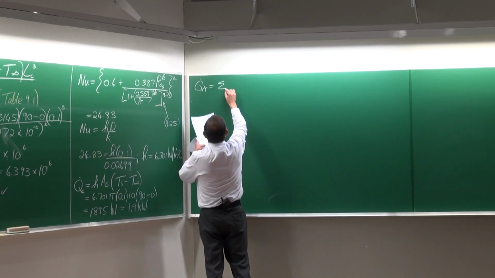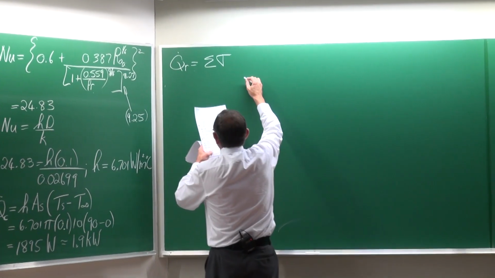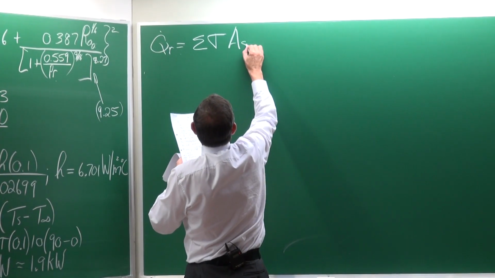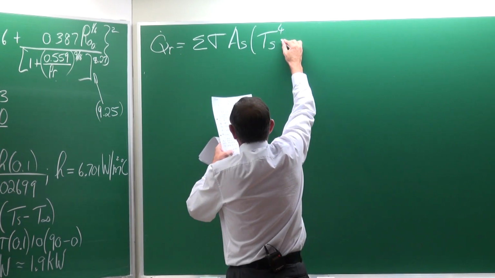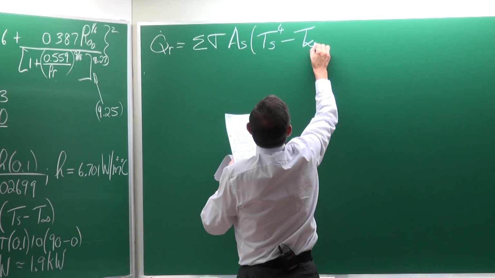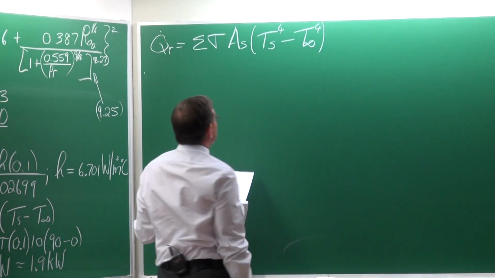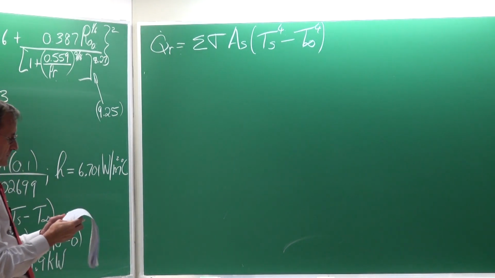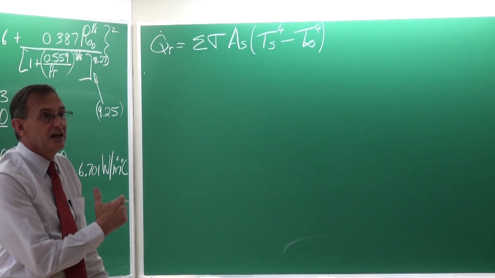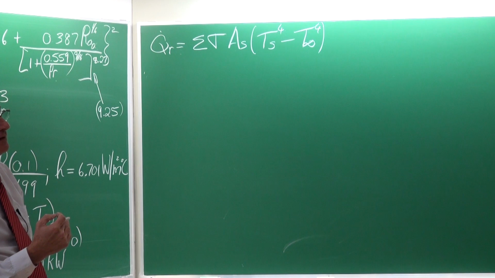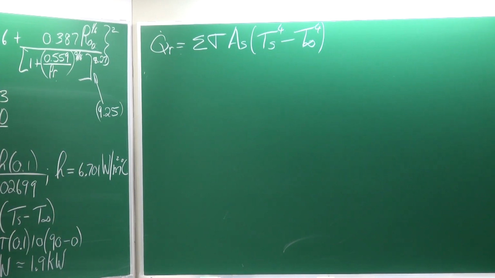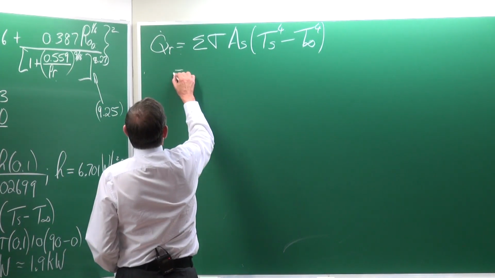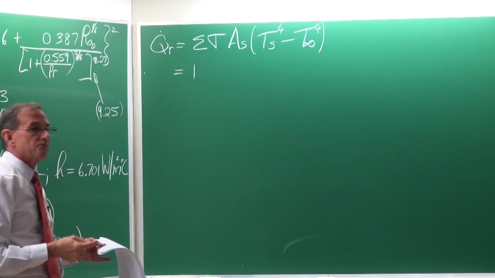That is equal to the emissivity multiplied by the Stefan-Boltzmann constant, the surface area, multiplied by the surface temperature to the fourth minus the environment temperature to the fourth. And they didn't give us the emissivity because that would have given us a hint that we should take the radiation heat transfer into consideration, but let's assume it is equal to 1.